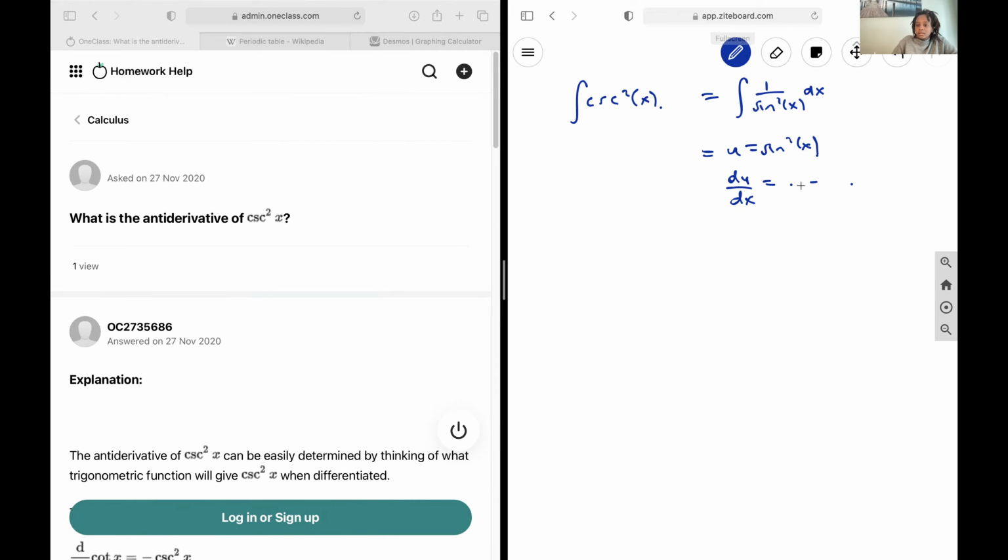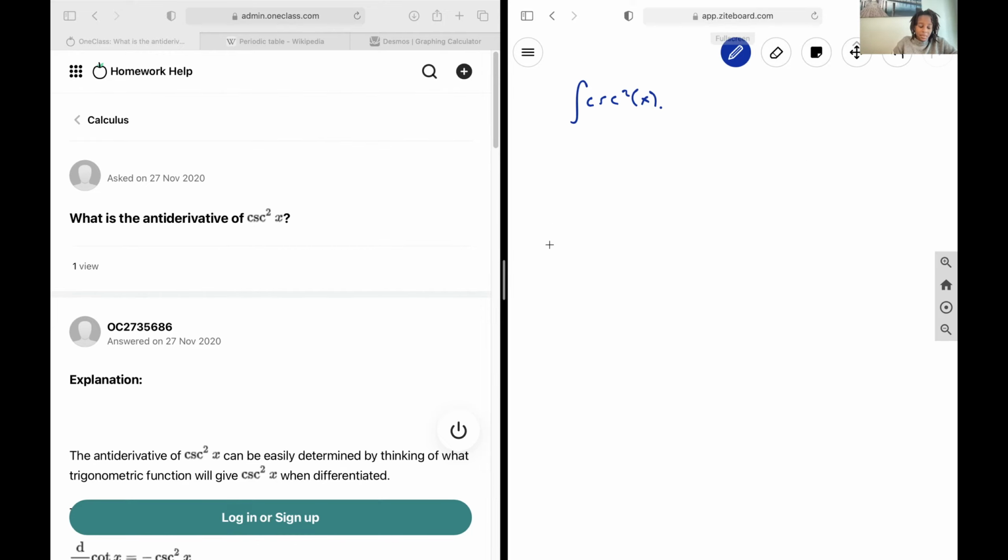But what you'll get is that the derivative of sine squared x is going to give you another term with an x term. And so when you say dx is equal to du over what's left, it's going to give you a function of x. And so when you try and insert it here, you'll be left with u terms and an extra x term, and we can't integrate that. And so this is not the correct method to continue down.